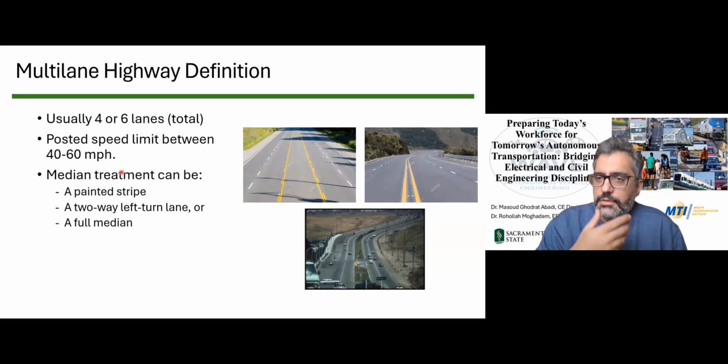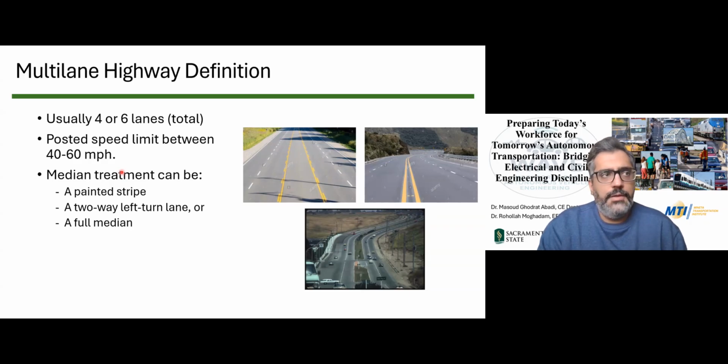Those higher capacity roadways are categorized as freeways. So multilane highways usually have 4 or 6 lanes total in both directions, and usually lower posted speed limits, 40 to 60, and also 65 miles per hour is not unusual. But the most important thing is what happens with the median treatment.